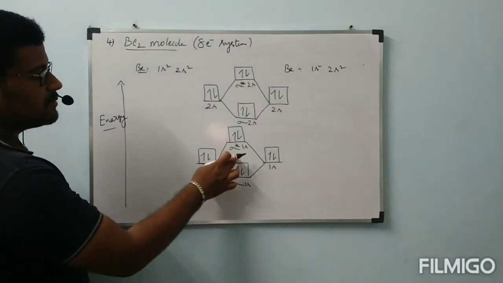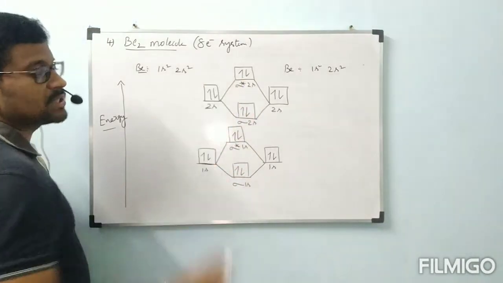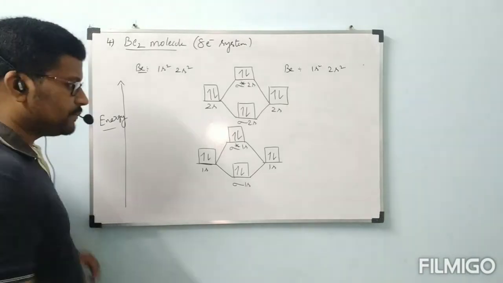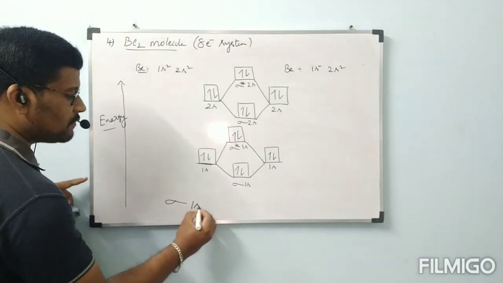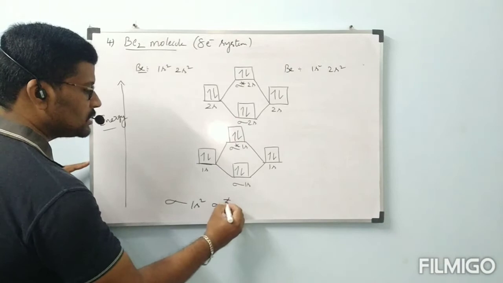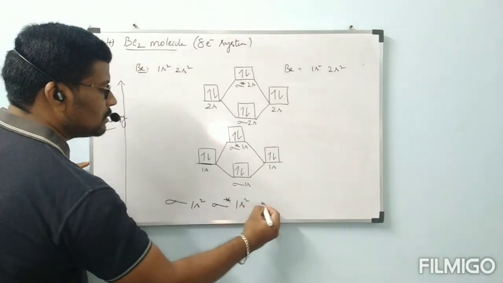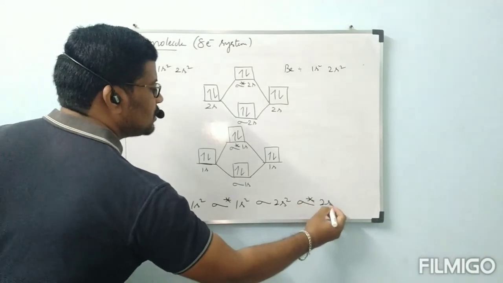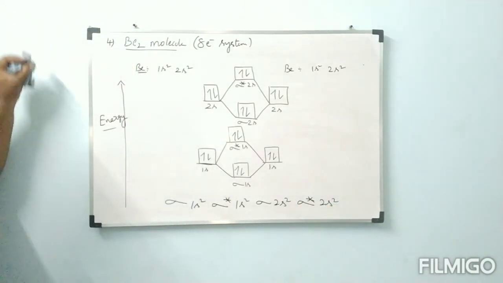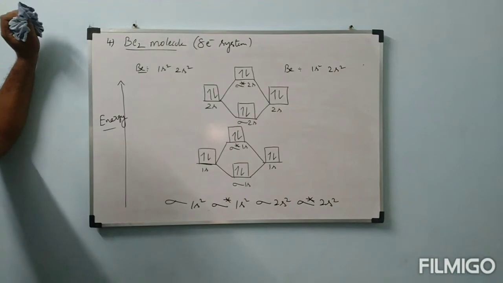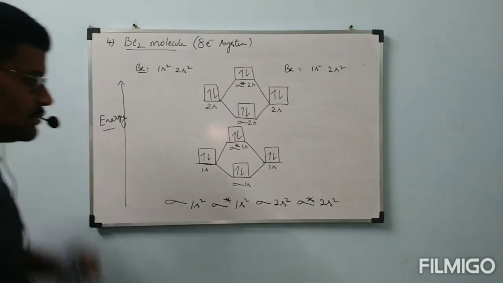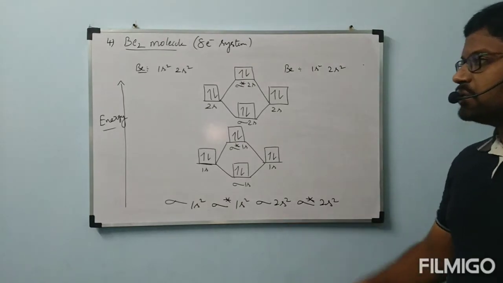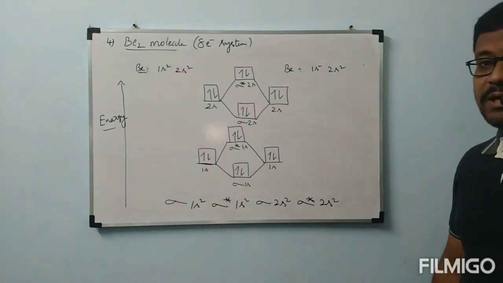Sigma 1s, sigma star 1s, sigma 2s, sigma star 2s. Now the electronic configuration of the Be2 molecule is sigma 1s2, sigma star 1s2, sigma 2s2, sigma star 2s2. This is the electronic configuration of the Be2 molecule.